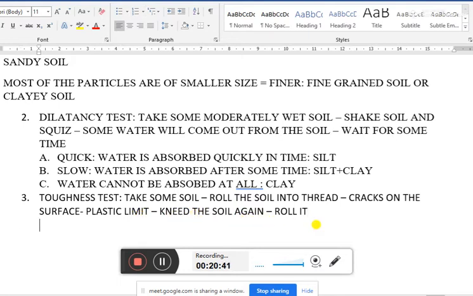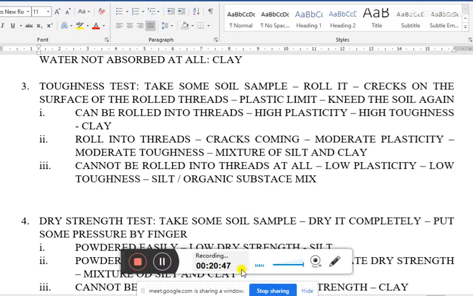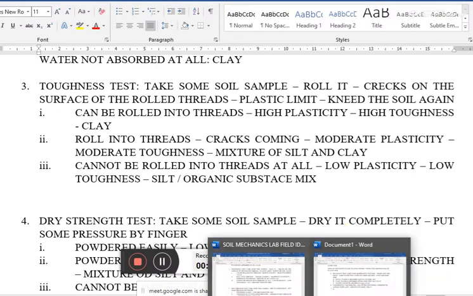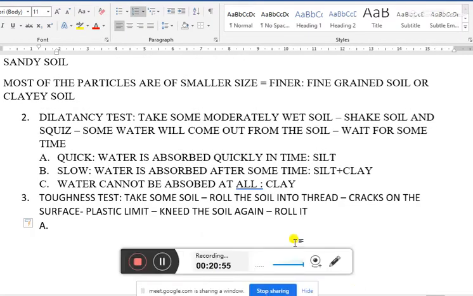After that, you will find some cases where the soil cannot be rolled.